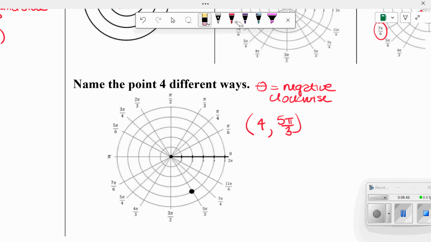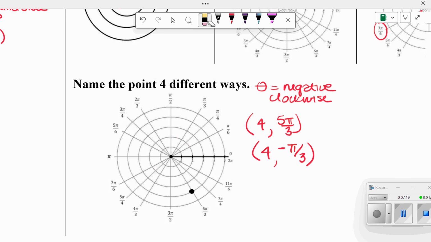So I still want R to be 4, but now I've got to figure out how I can get to this point using theta negative. Well, for theta to be negative, I have to go this direction. So I can't say 5 pi over 3 because that takes me the wrong way. So how do we go this direction? What do we call that? Well, you guys remember that. We're going clockwise, so that's the same thing as negative pi over 3.